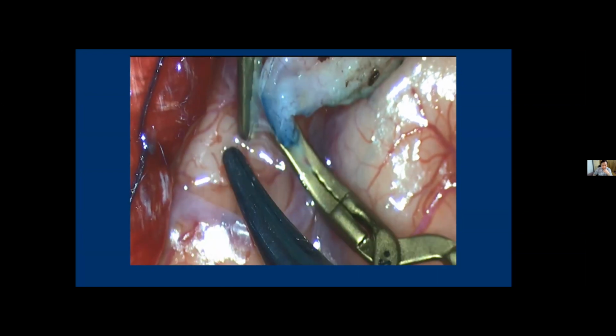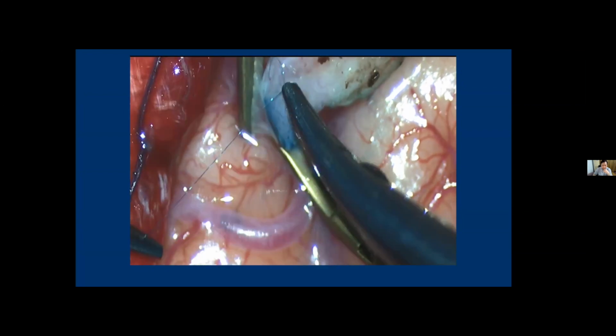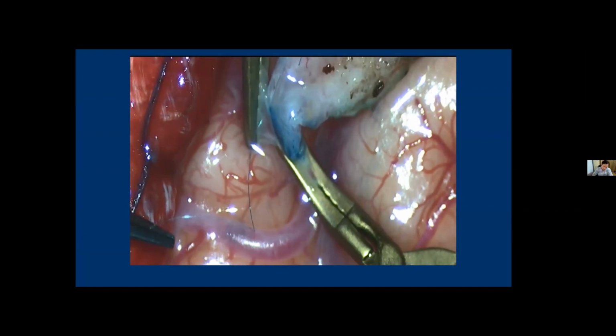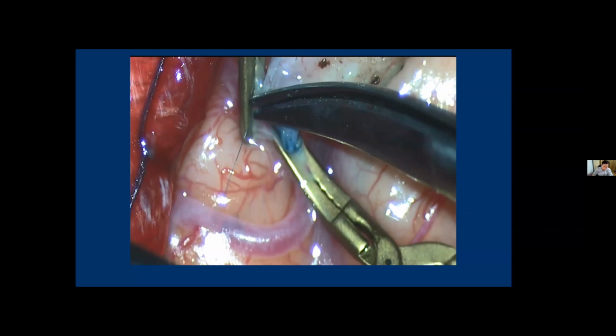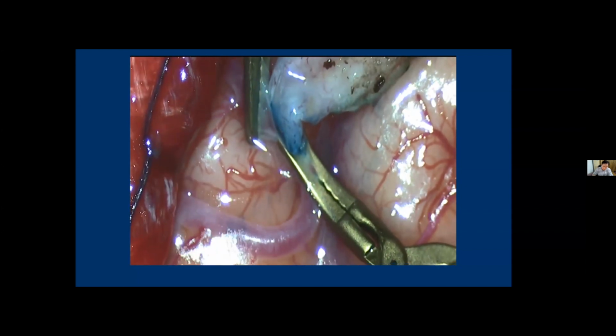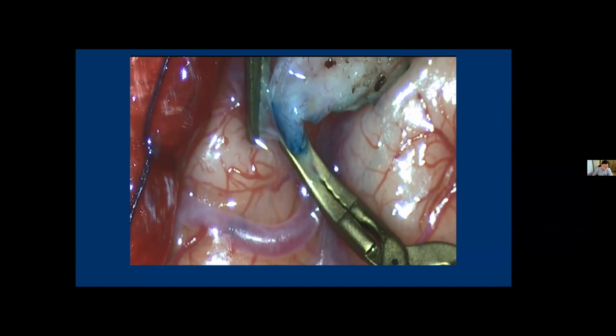The square knot is enough. The suture tail should point in different directions for the two knots, so this can make the square knot.